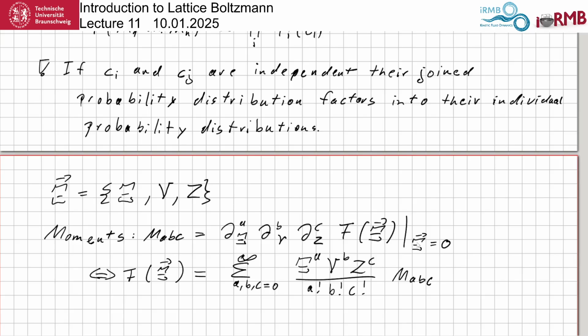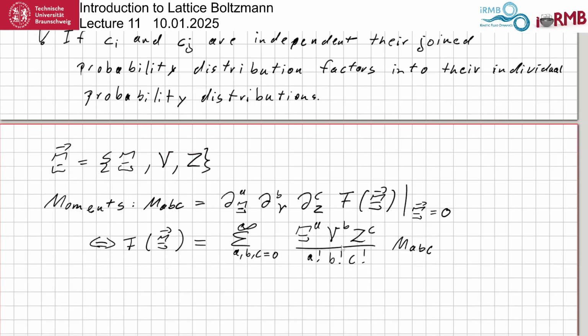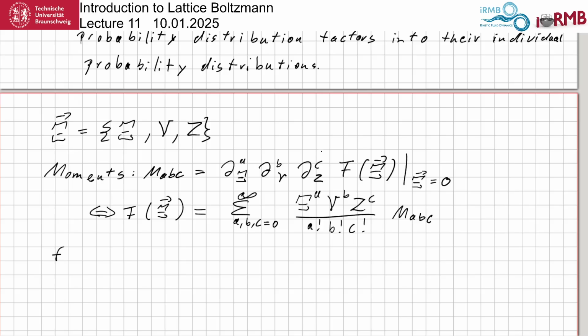But these are, of course, not independent moments. Now we want to have these things written in independent variables. So how to do this? For independent variables, I mean, not moments.